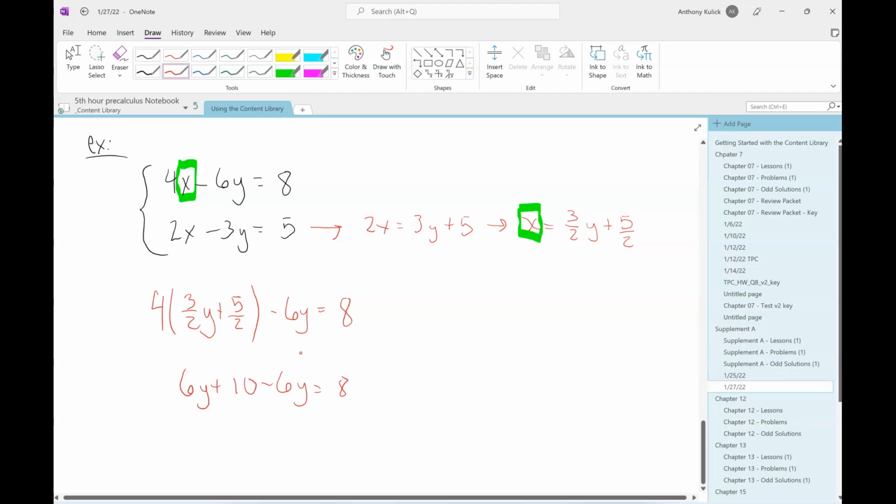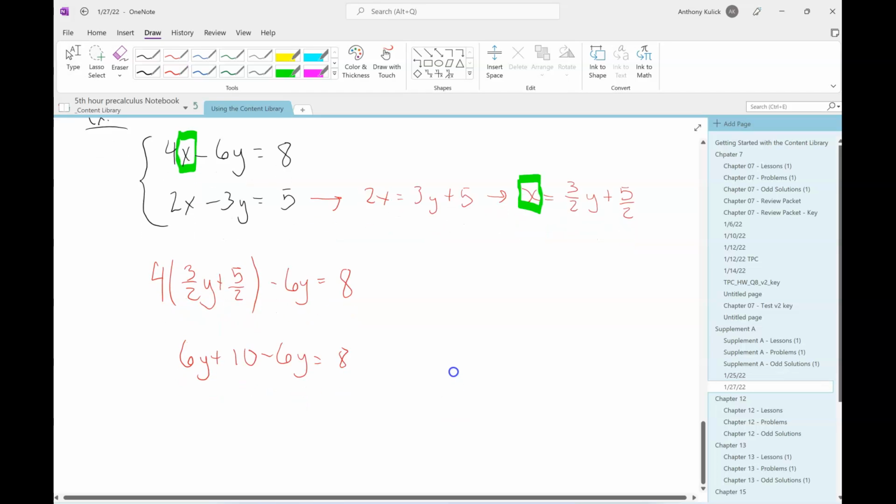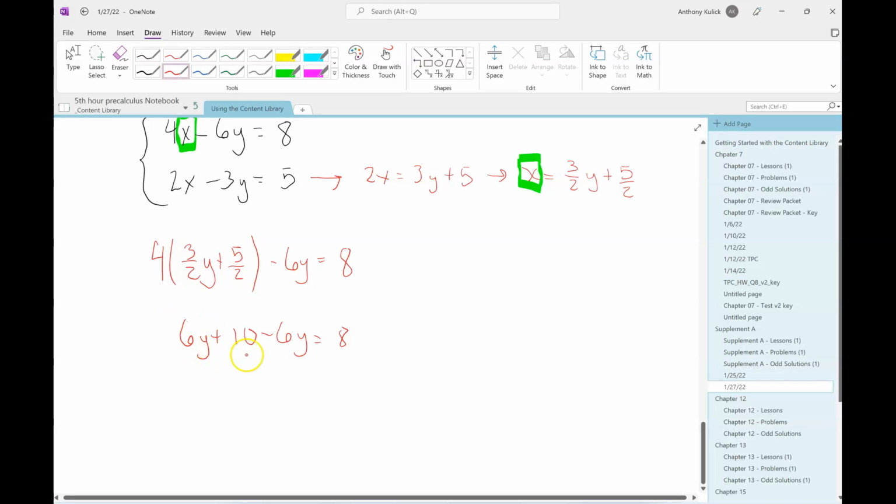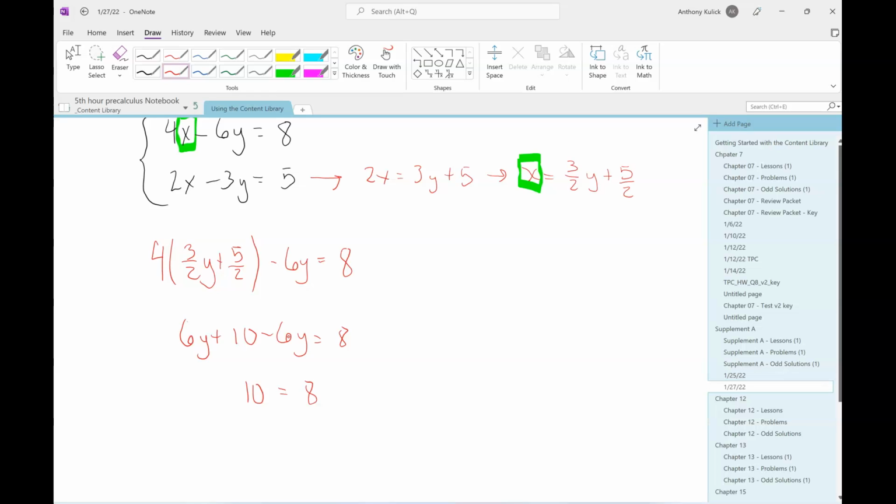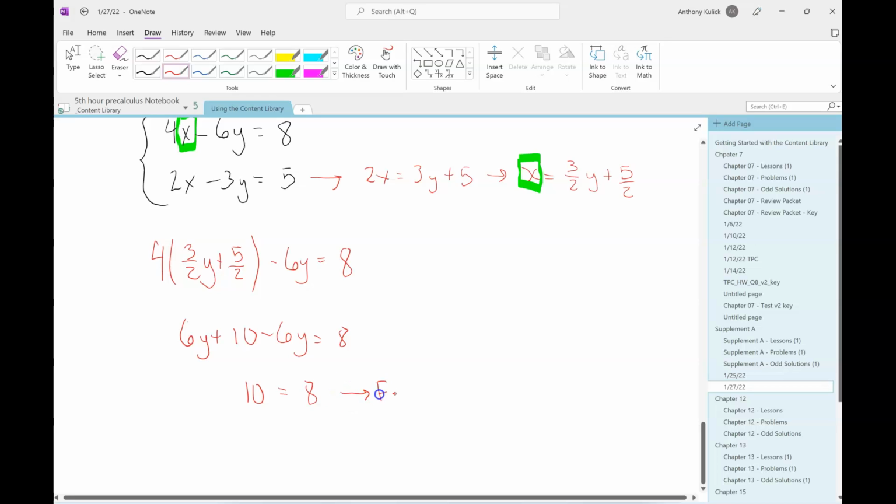After I do that, I have 6y plus 10 minus 6y equals 8. If I combine the positive 6y and the negative 6y, those just cancel out, and I'm left with 10 is equal to 8. Is that right? No. So if I'm left here with a false statement, that's going to tell me this is no solution.